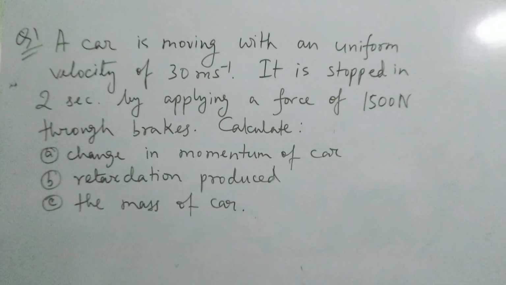So these are the things that have been asked in the problem. We need to analyze the given information and solve the problem. So first of all, what are the things given? Let us just note it down on the right side of the board.